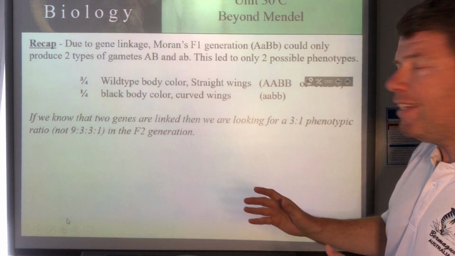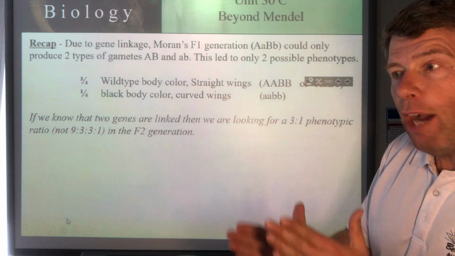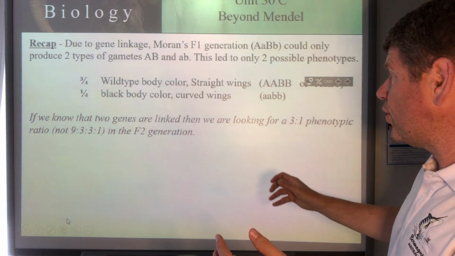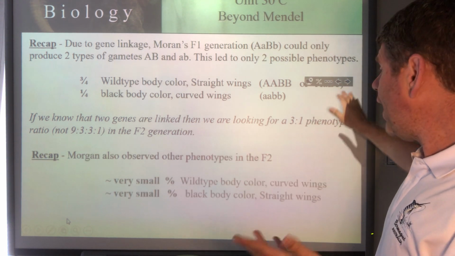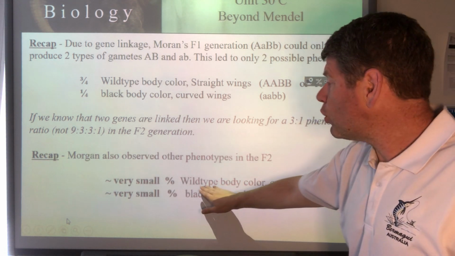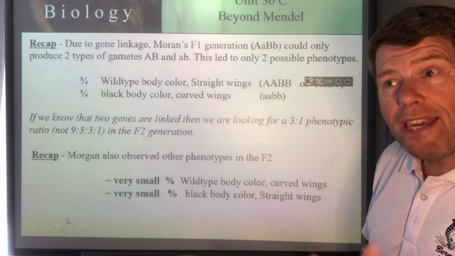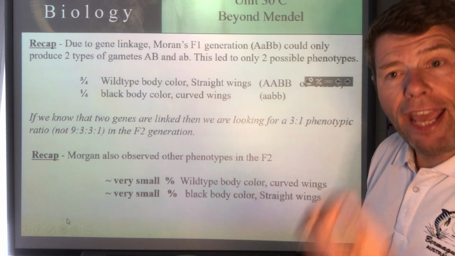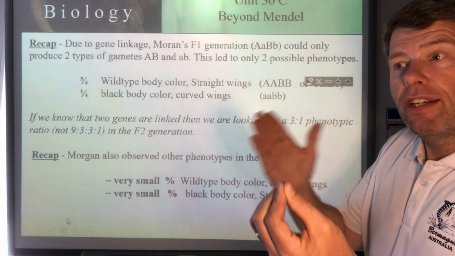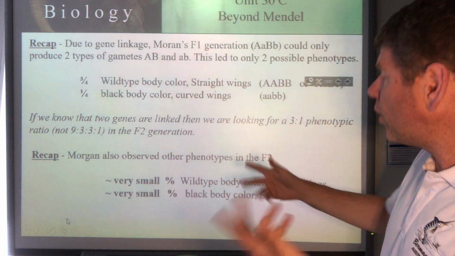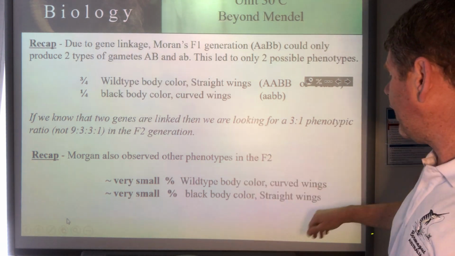Remember, we get the intertwining of chromatids, and we can actually get a section of DNA that trades places. If that happens, that allows for some variation in the gametes, where maybe a dominant capital A does connect to the recessive little b allele. And we're going to see that in a second, all right?